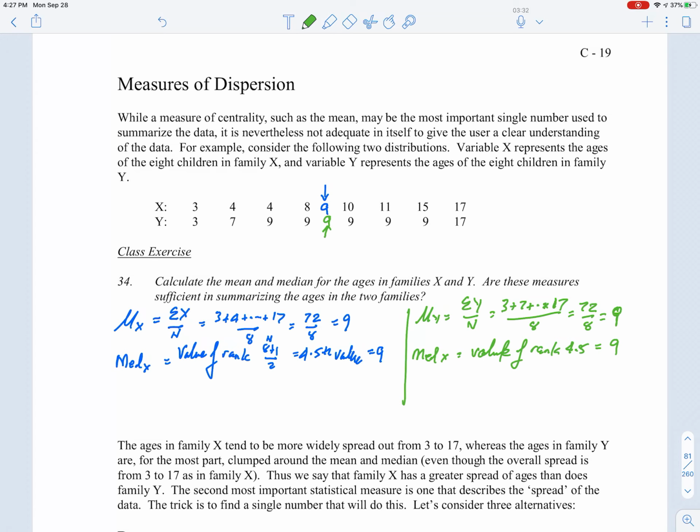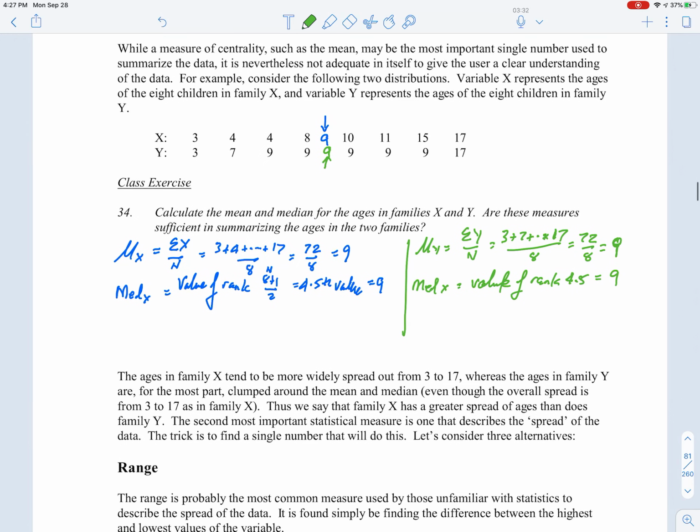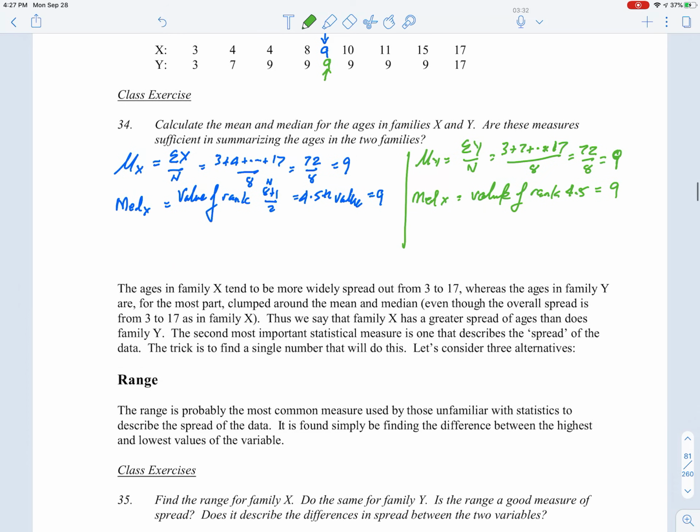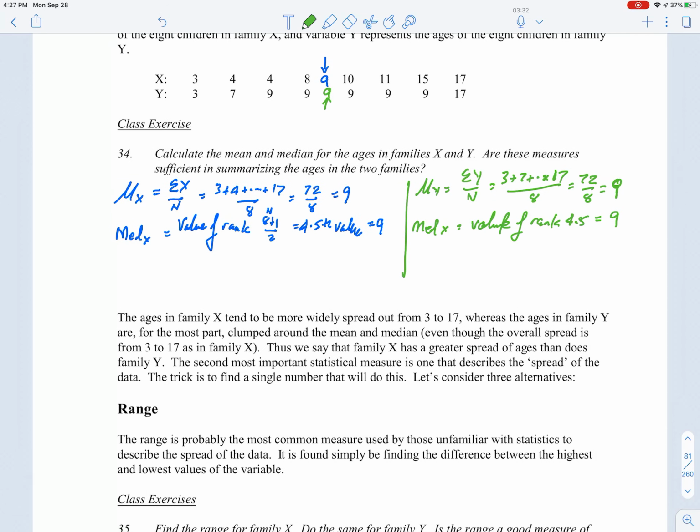And yet, when you take a look at these two, would you say that the families are the same? Well, no, they've got the same kind of mean and median, but they're different. Now, the range here is something that we want to look at in terms of, well, how spread out are these families here?